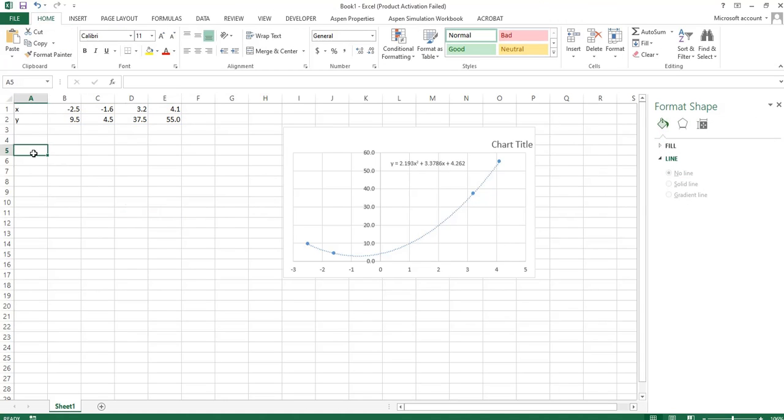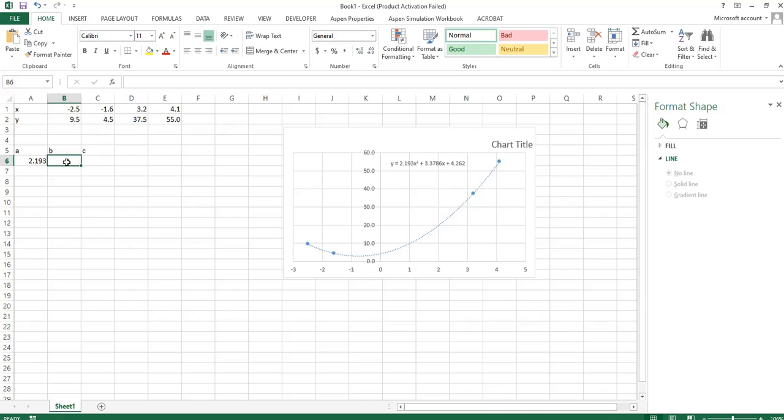Now that means our A, our B, and our C. That is the coefficient of x square, the coefficient of x, and the constant. So for x square, what we got from the trendline equation is 2.193.